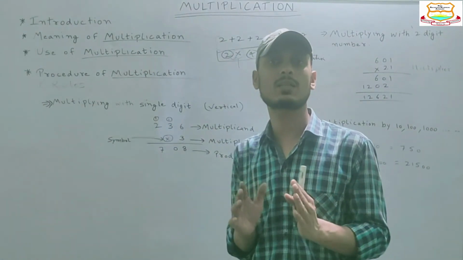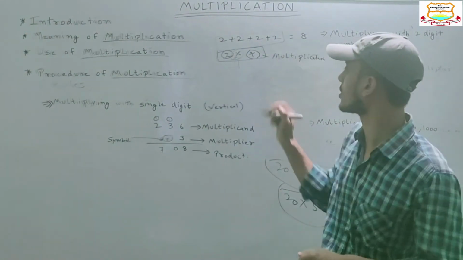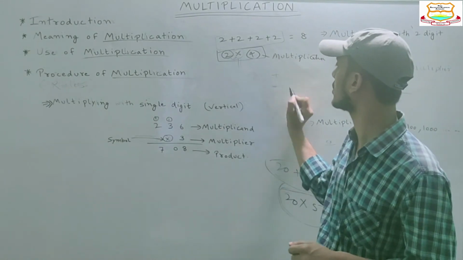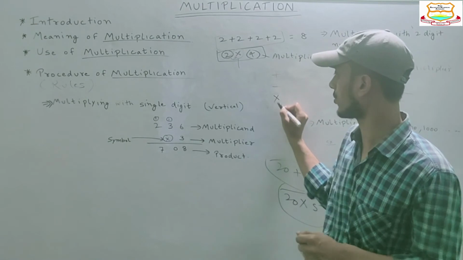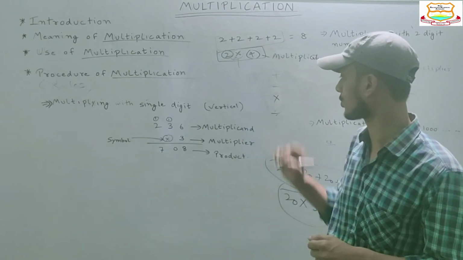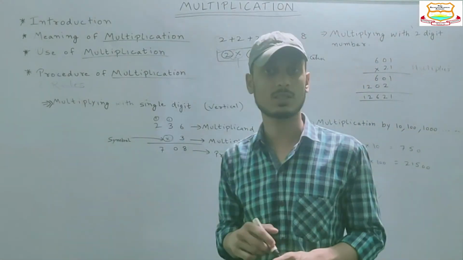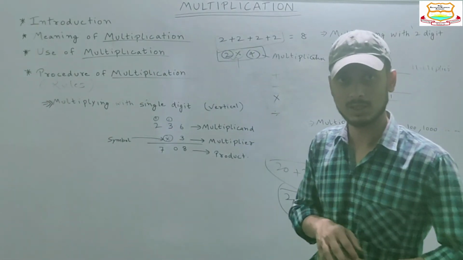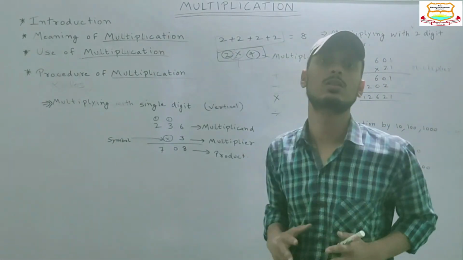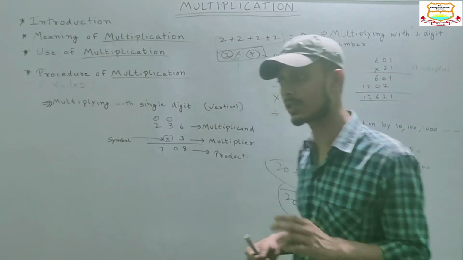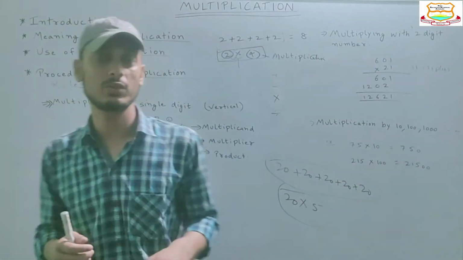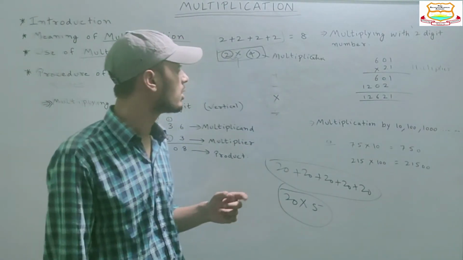Every operation has some symbol. This is the symbol of addition, this is the symbol of subtraction, this is the symbol of multiplication, this is the symbol of division. We need to understand these symbols so that we can understand which operation we have to do.